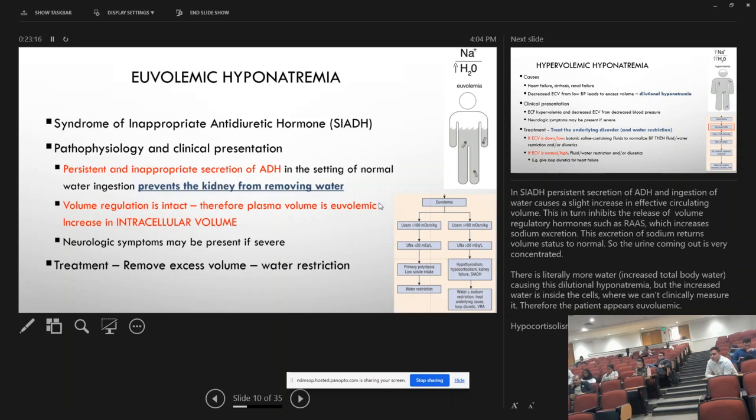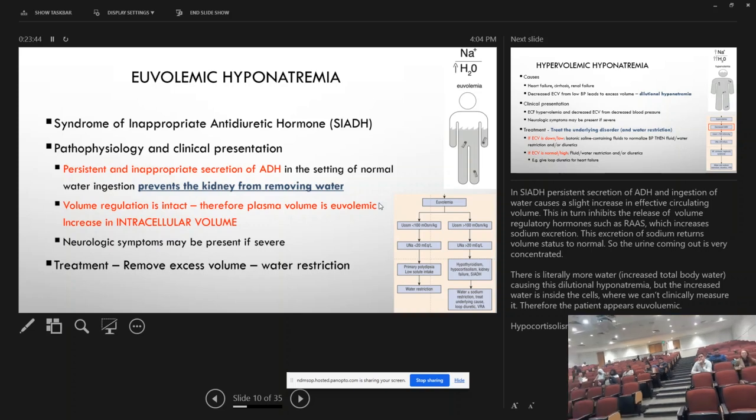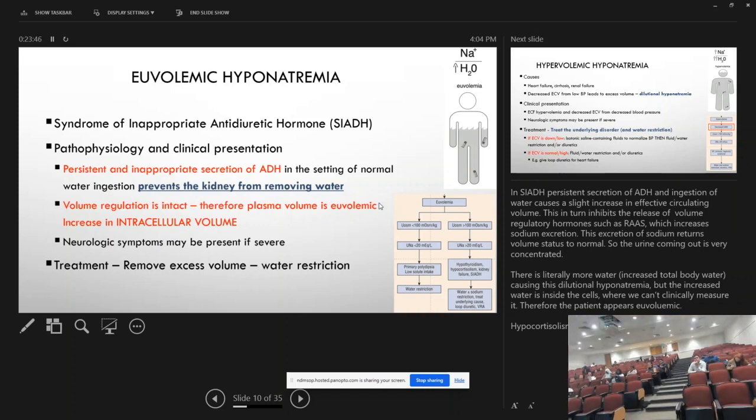So if urinary sodium is low, go down this route, it's more water restriction. If your urinary sodium is high, it's probably one of these things, hypothyroidism, SIADH, etc. Then you're going to do both water and sodium restriction. But for the purposes of your learning today, remember that it's mainly water restriction for euvolemic hyponatremia.